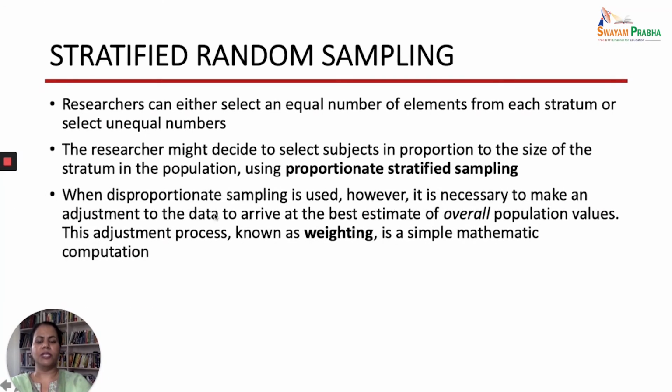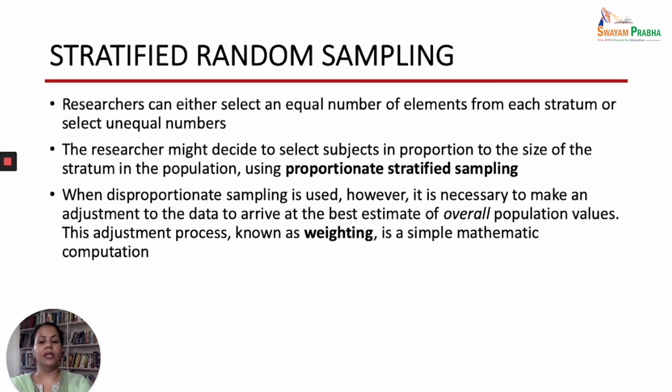And when disproportionate sampling is used, however, it is necessary to make an adjustment to the data to arrive at the best estimate of overall population values. So if you are using disproportionate sampling, then you may use some statistical procedures where we do the adjustment, which is known as weighing, and based upon the weighing we conclude our results.